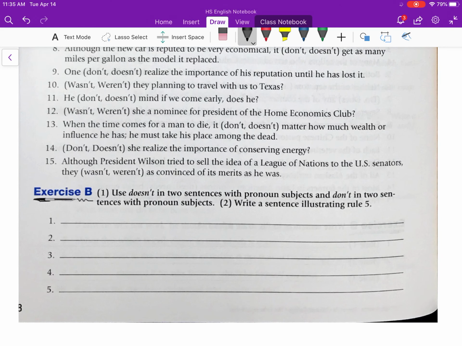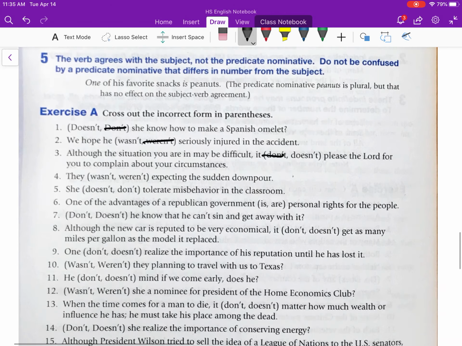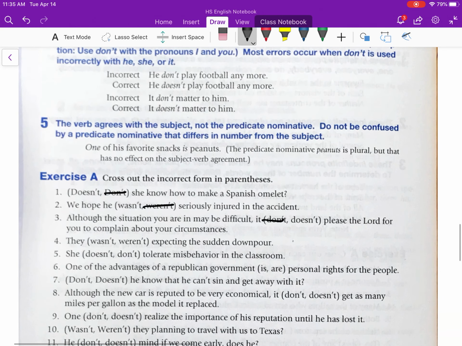All right, let's take a look at exercise B yet. Use doesn't in 2 sentences with pronoun subjects and don't in 2 sentences with pronoun subjects. So do that for numbers 1, 2, 3, and 4, and then write a sentence illustrating rule 5. That would be then for number 5 there. So rule 5 again is one of these sentences that has a pronoun in the subject and then has a predicate nominative.